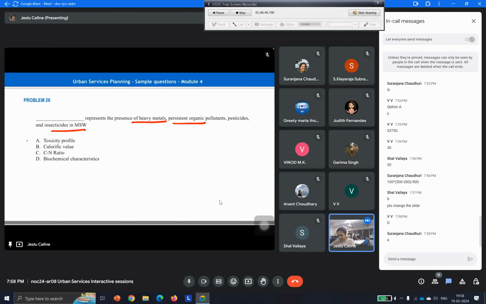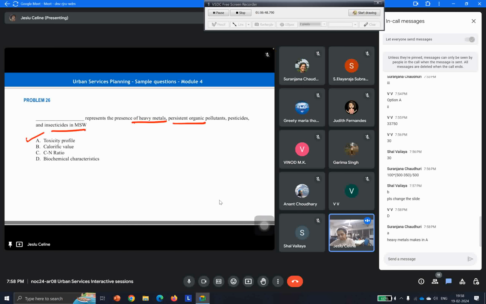The answer is toxicity profile, because they're heavy metals, other pollutants, and all that. So it's not just the biochemical elements. Yes, correct, heavy metals makes it A. We're not just talking about biochemical properties or chemical components inside, but also about other metallic waste which are present. So it talks about the toxicity profile. Right, let's go to the next question.